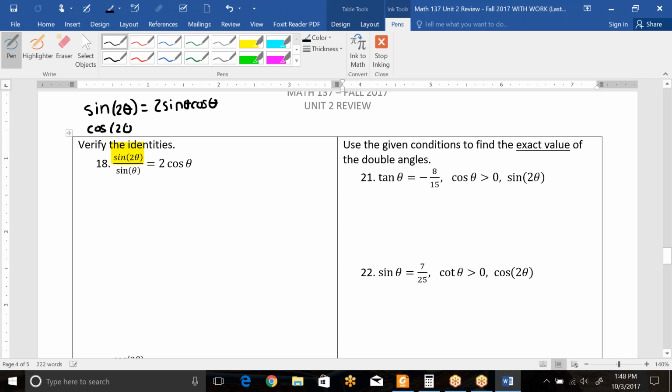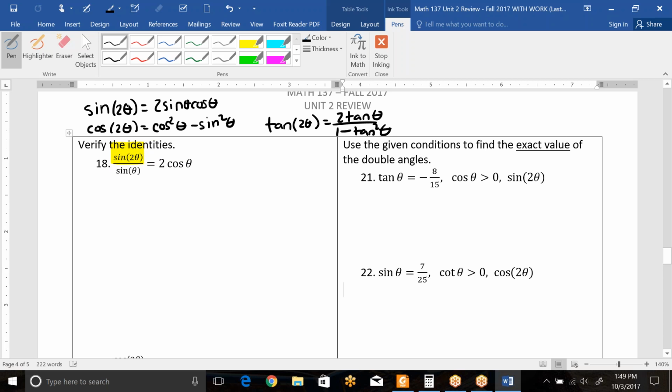Cosine of 2 theta is cosine squared theta minus sine squared theta. There are other versions of that, but remember that's the main one. And then tan of 2 theta is 2 tan theta over 1 minus tan squared theta. And all of those are found by the addition formula.